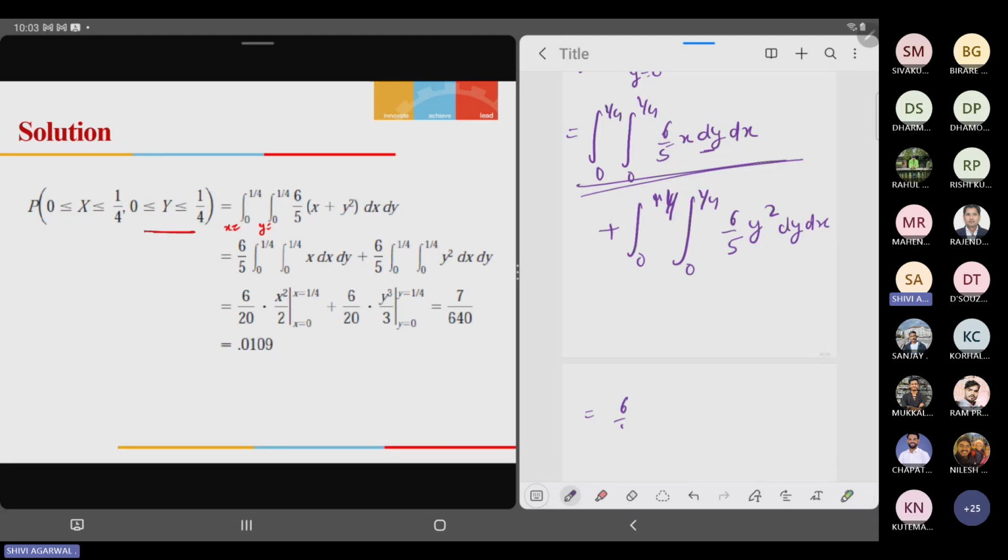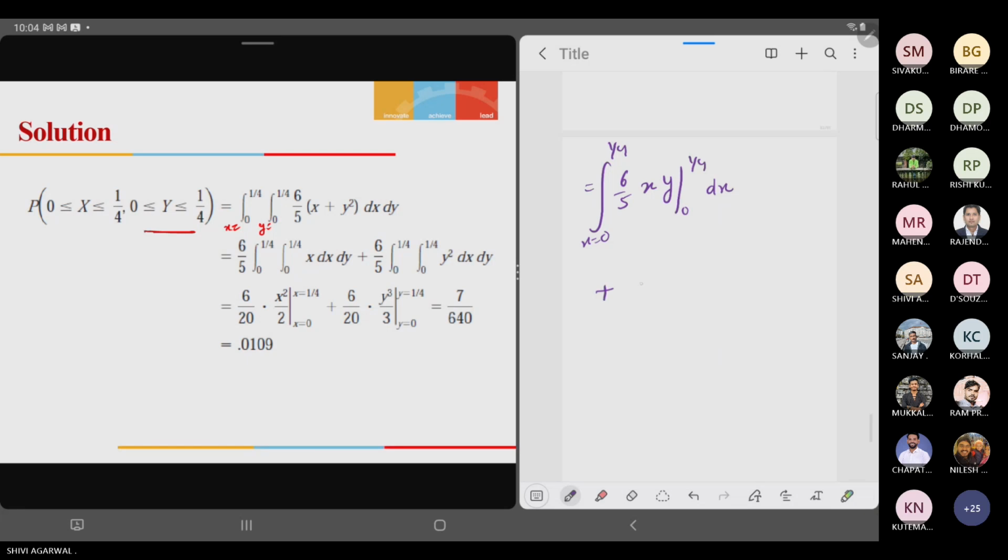So 6/5, integral of x from 0 to 1/4 of x, and we are integrating with respect to y, and this is also 0 to 1/4, and dx is remaining here, plus 6/5, x from 0 to 1/4, of y squared. Integrating with respect to y, it is coming y cubed by 3, dx.